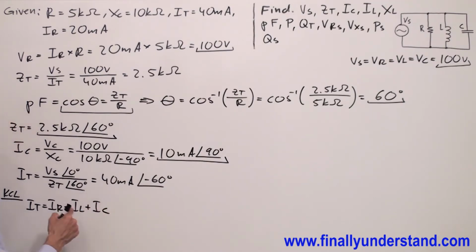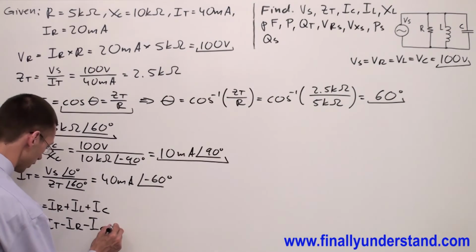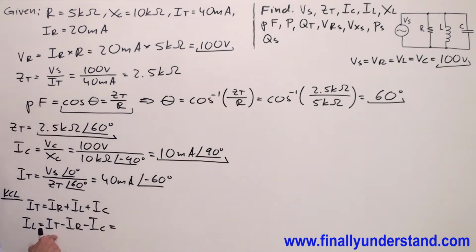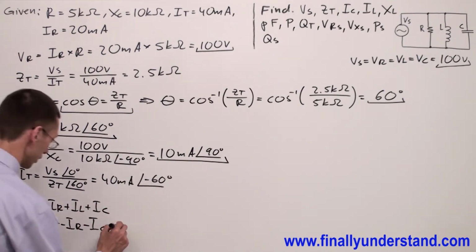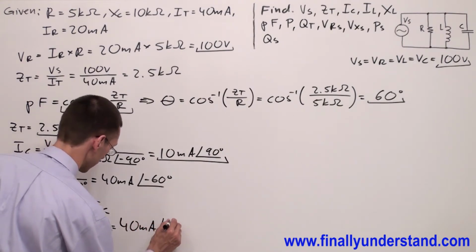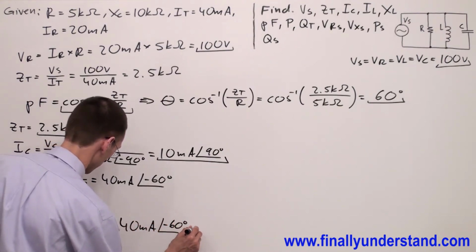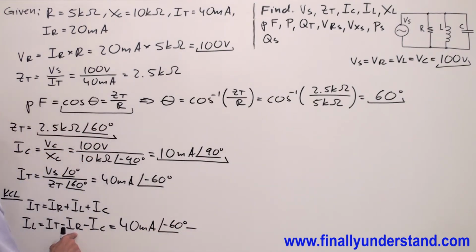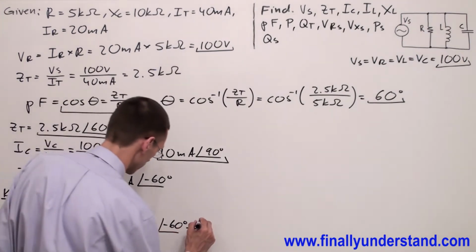If you solve this formula for IL, you are going to obtain IL is equal to I total minus IR and minus IC. I total is equal to 40 milliamps, an angle of negative 60 degrees, minus IR, which is equal to 20 milliamps.